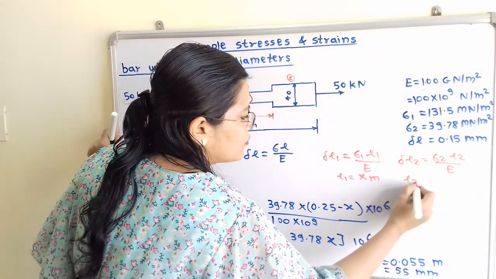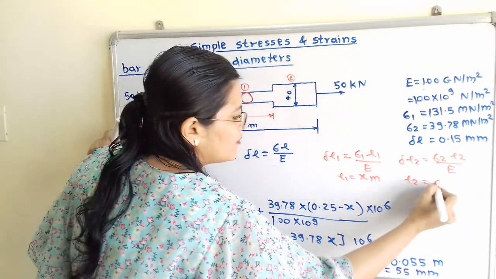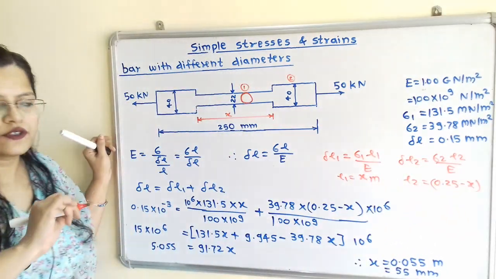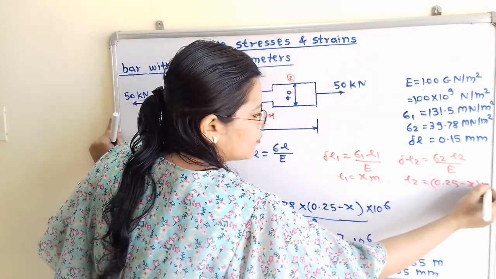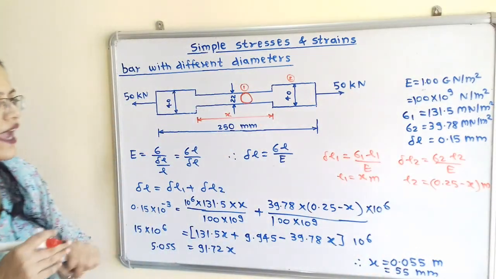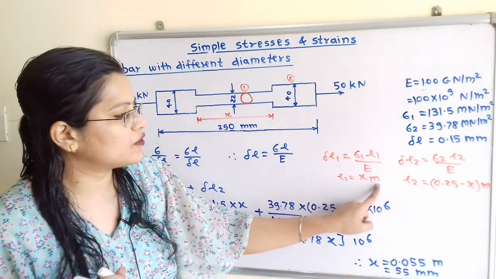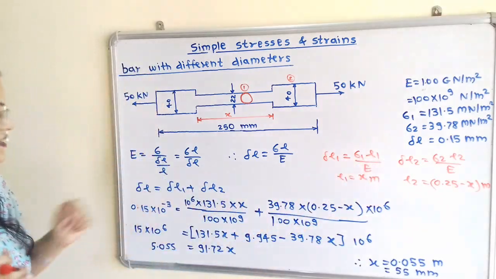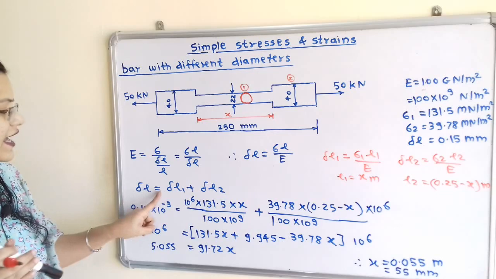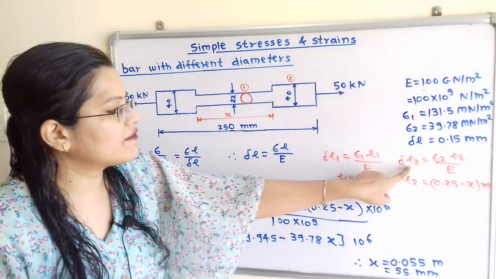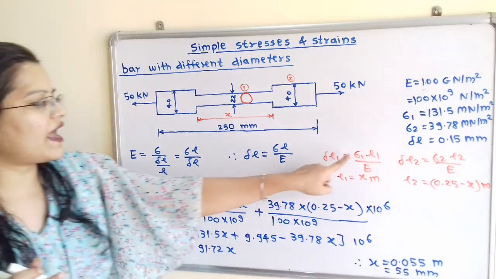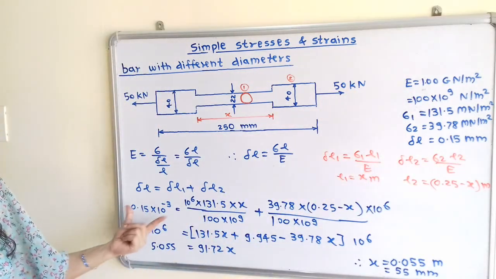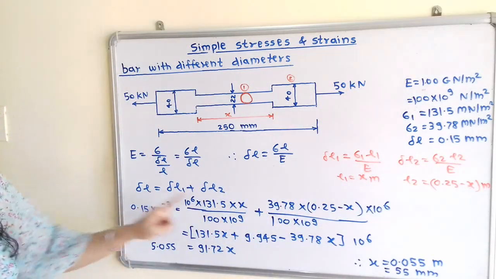So L2 is equal to 0.25 minus x, in meter, because we have to take L1 and L2 in meter. Now we put these values into the equation delta L is equal to delta L1 plus delta L2, that is sigma 1 L1 by E plus sigma 2 L2 by E, and we get the equation in terms of x.